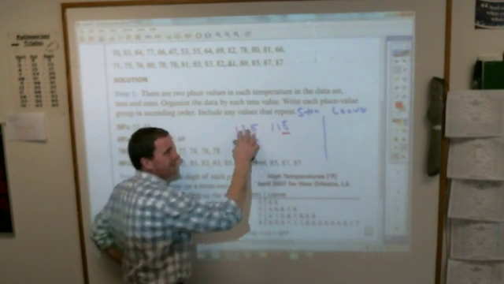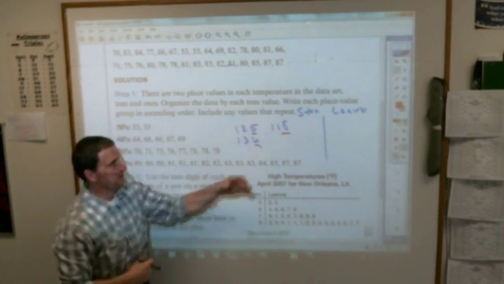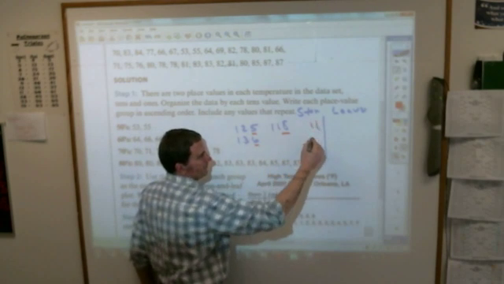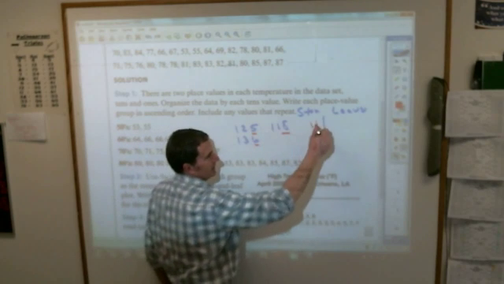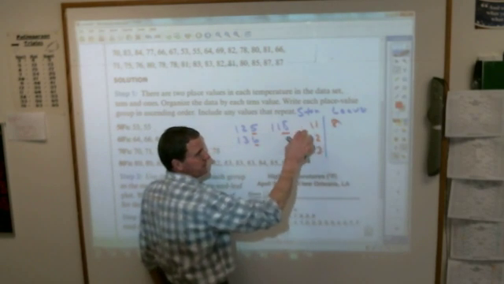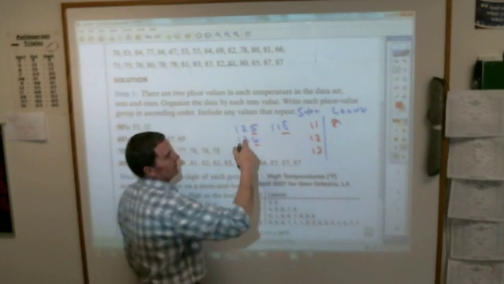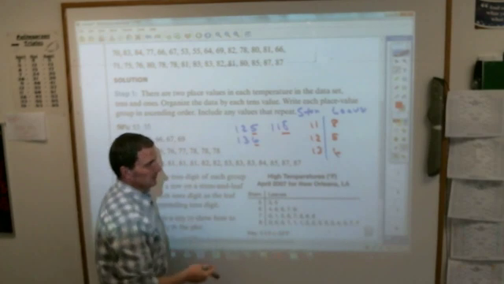So if you were organizing these three, the stem would be the 11, the 12, and the 13, and the leaves would be an 8, making 118. You have the 11, which is really 11 tens plus that 8. The 12 is 5, and the 13 would be 6. That would be the stem and leaf.